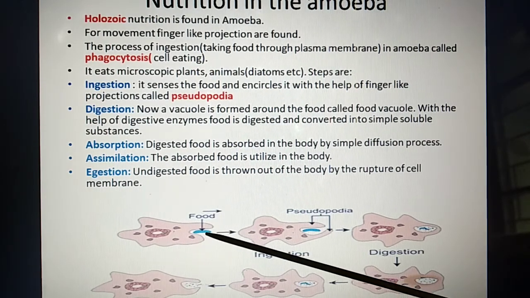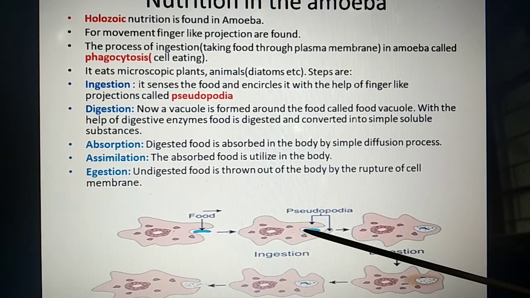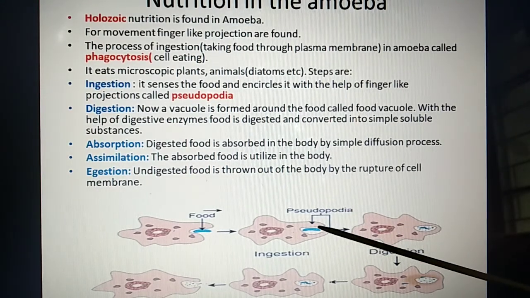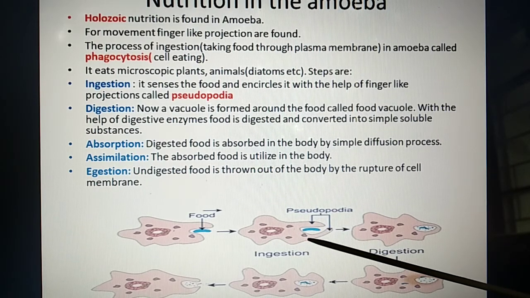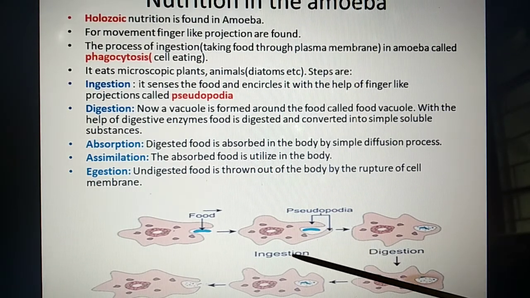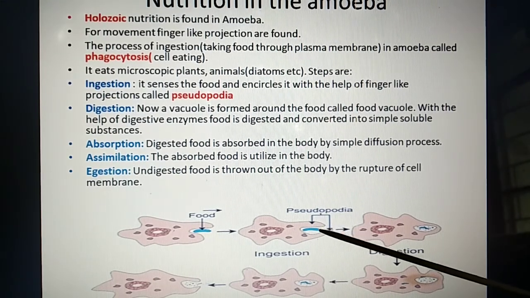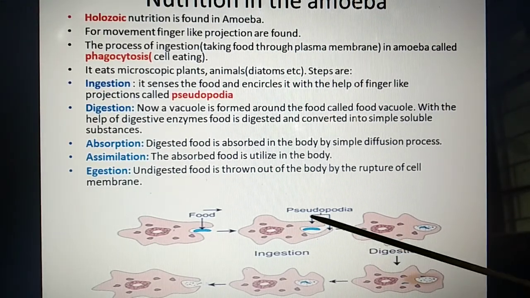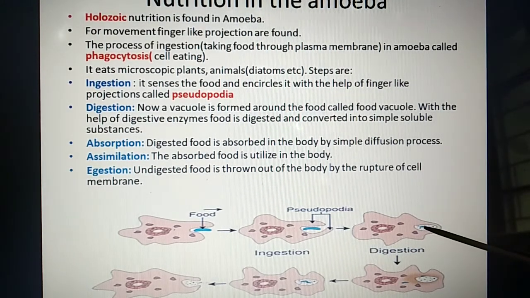It encircles that food and takes it inside the body. Now a vacuole is formed around it. That vacuole is called food vacuole. What's the name of the vacuole? Food vacuole. In this structure, all the digestive enzymes will move toward the food vacuole, and the food which is inside will be digested.